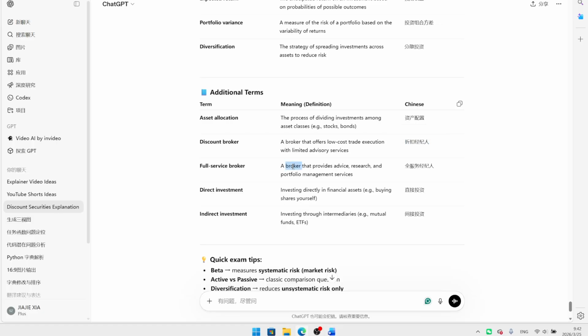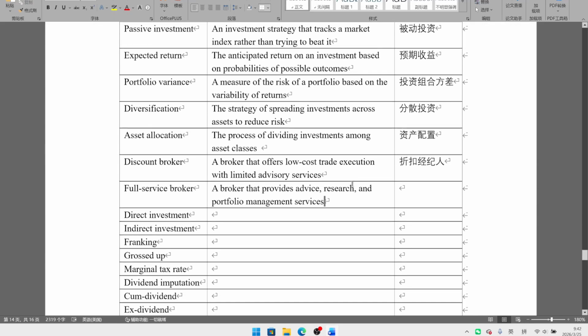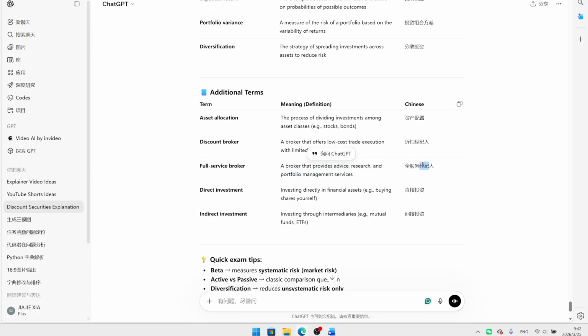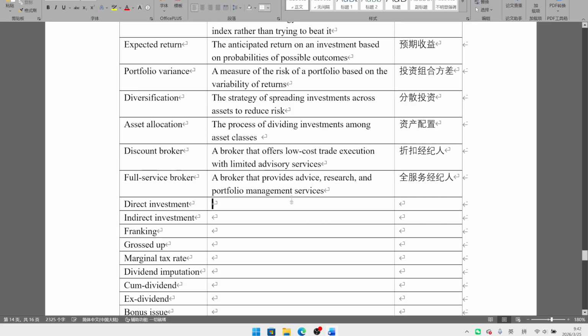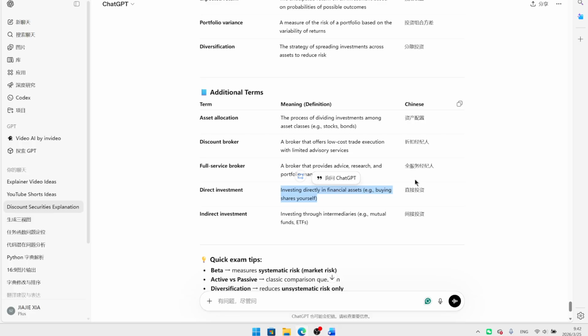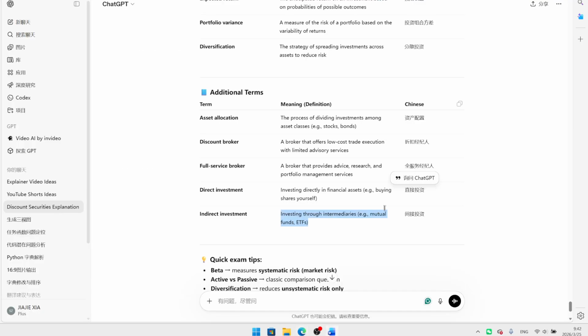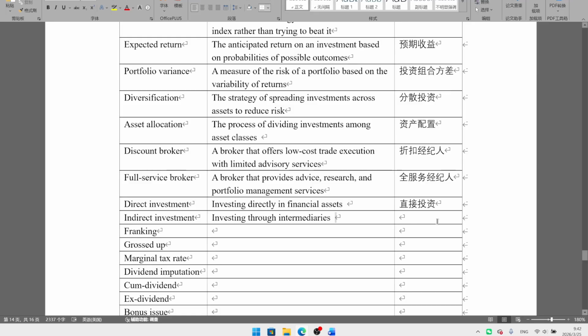And the full service broker provides advice, research, and portfolio management service. Direct investment, we have discussed that before. The next one is investor intermediaries, like multi-fund ETFs, which is indirect investment.